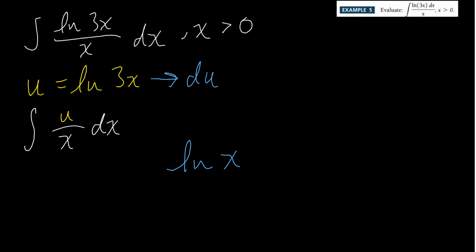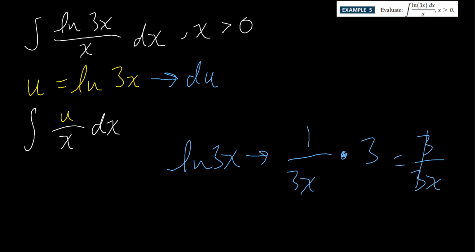The natural log of 3x is 1 over the argument, 3x, times the derivative of the argument, which is 3. So it becomes 3 over 3x, which just so happens to be 1 over x. So the derivative of the natural log of 3x is simply 1 over x.